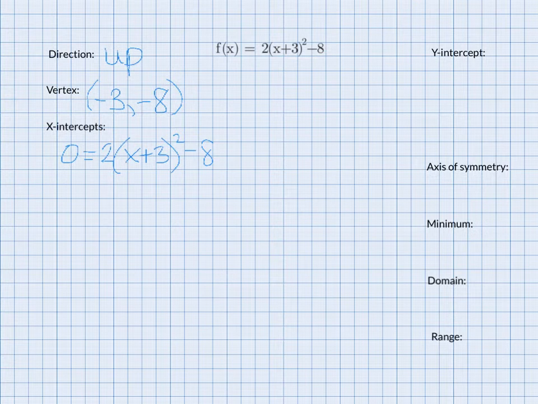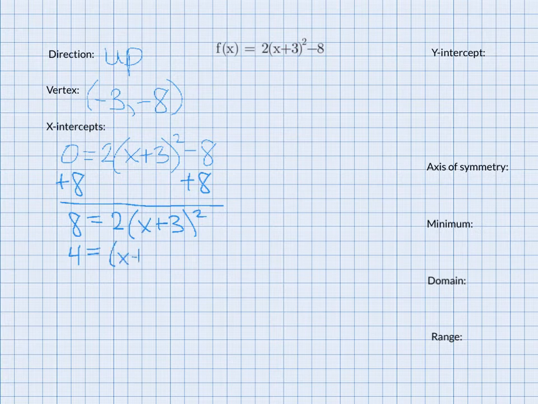And solving for x, we're going to add 8 to both sides, which gives us 8 equals 2 times the quantity x plus 3 squared. Dividing by 2 on both sides will give us 4 equals x plus 3 squared.